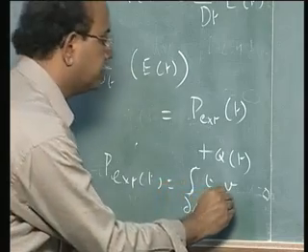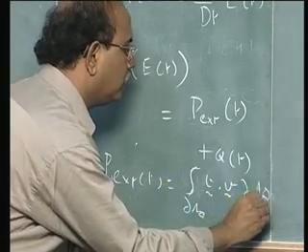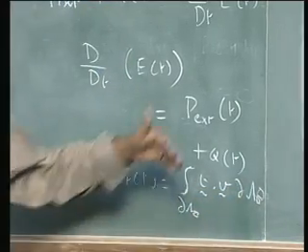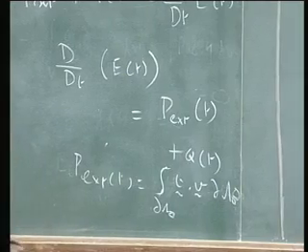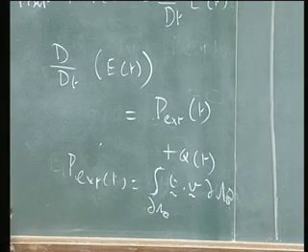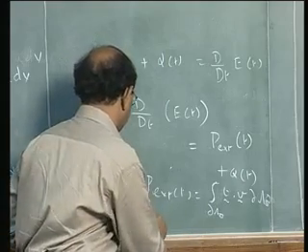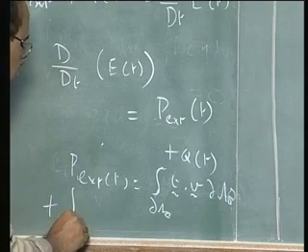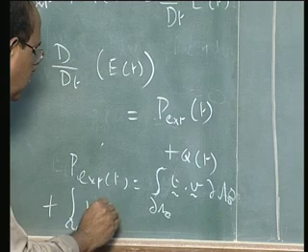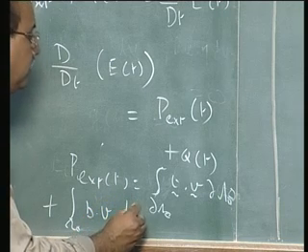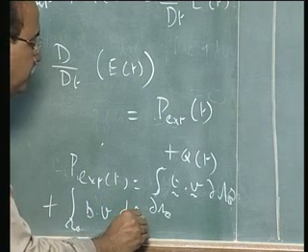The whole thing can also be written in terms of the spatial coordinates, it does not matter, plus the integral over omega 0 of B dot V d omega or dV.